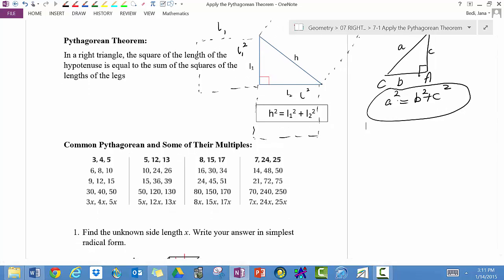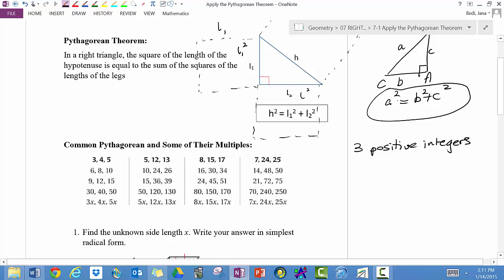What are Pythagorean triples? Pythagorean triples are a set of three positive integers. First of all, they have to be three positive integers, and they have to be integers such that they satisfy the Pythagorean theorem.